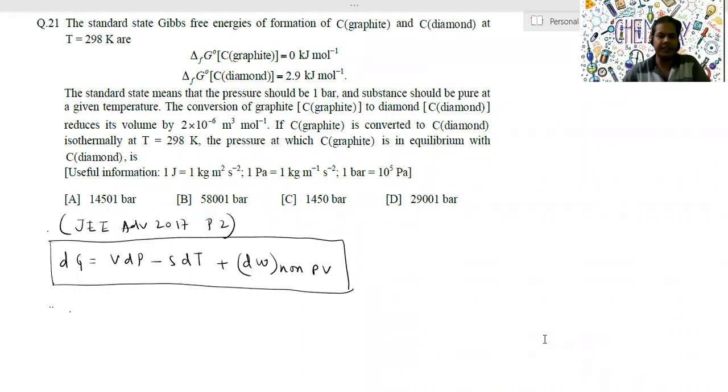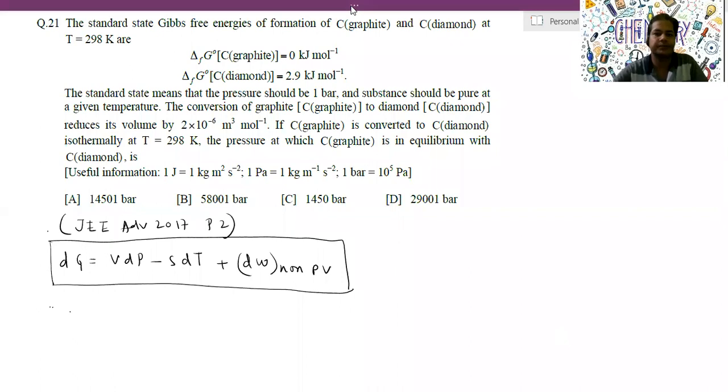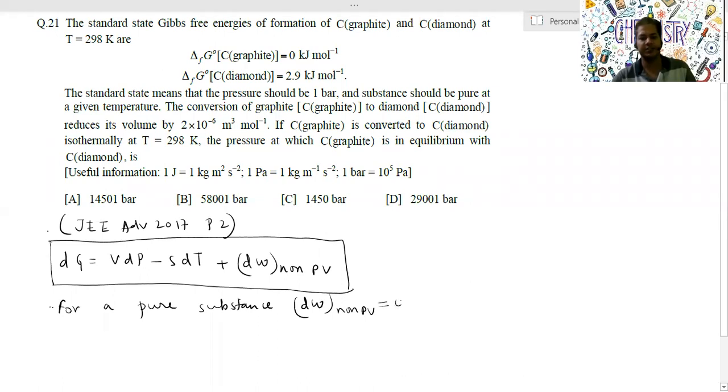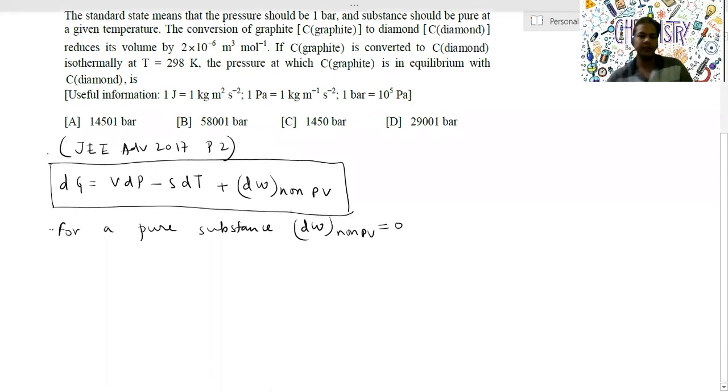For a pure substance, in which it is not undergoing any chemical change or a physical change, dW non-PV is 0. There is no non-PV work for a pure substance. Therefore, the formula becomes dG is equal to VdP minus SdT.